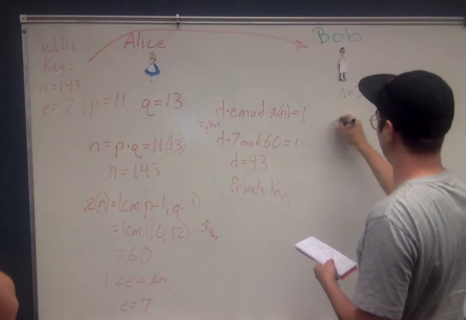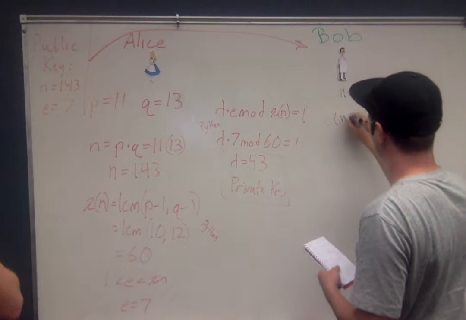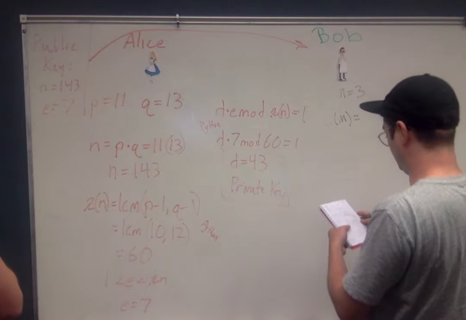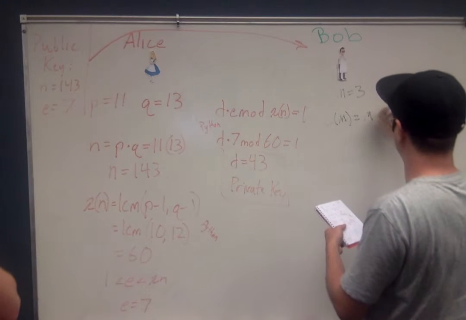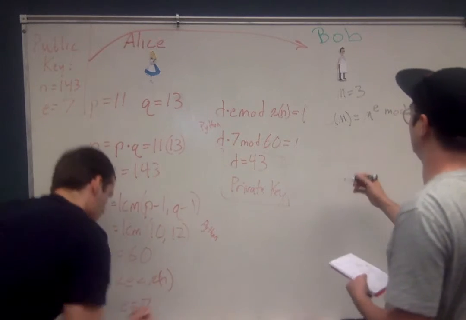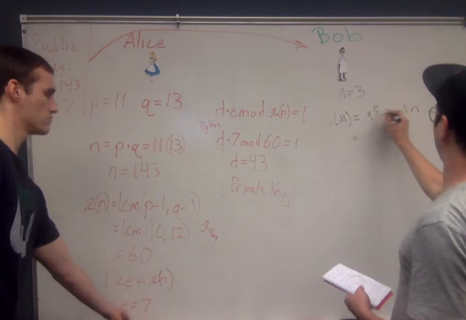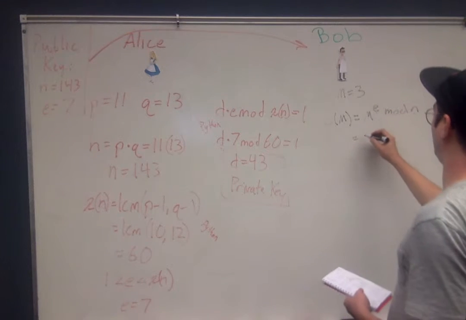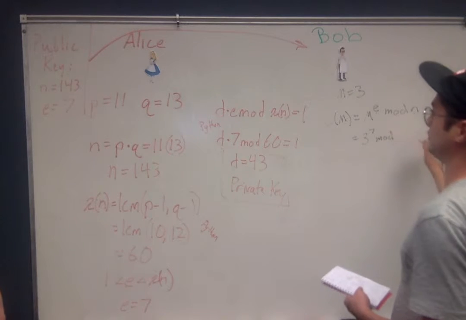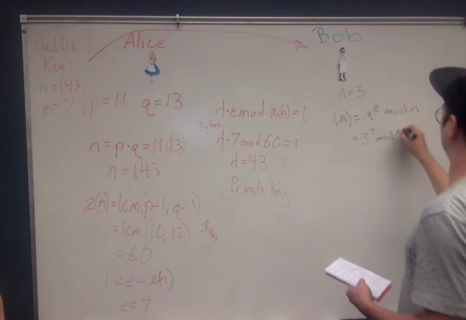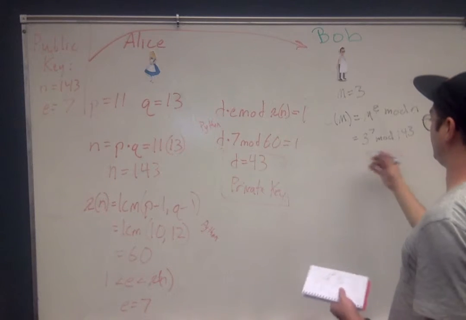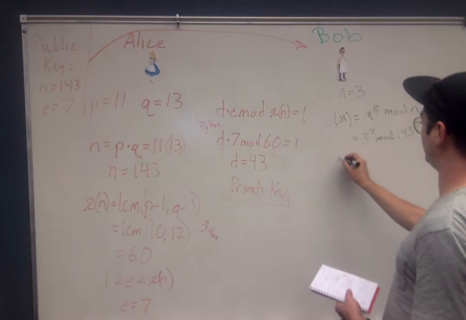Once he has the message 3, he needs to actually encrypt this message. We'll call that C of M, and we're going to set that equal to M to the E mod N. Now we're going to plug in the values of E and N that were created by Alice. This is pretty easy to do in Python, as you saw from the previous math prerequisites.